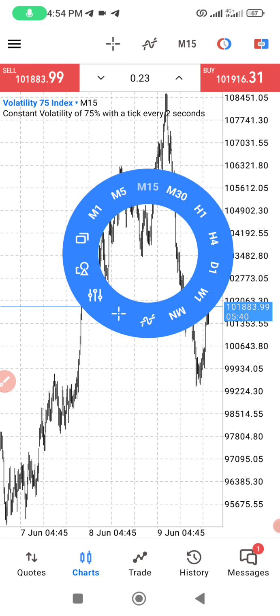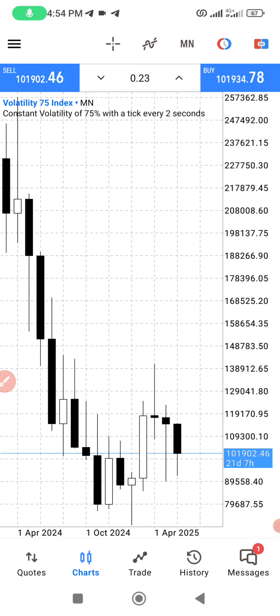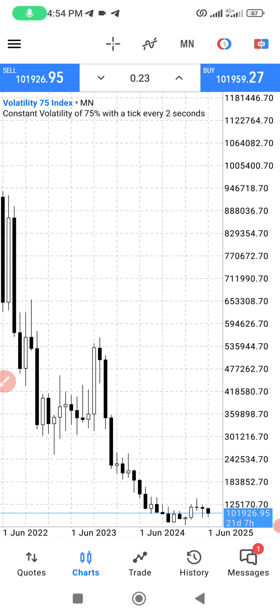When you step up to the monthly time frame and switch over to line chart to make it easier to understand, you will notice that the market has more downtrend power than uptrend. But that doesn't actually tell you what is happening in the month.